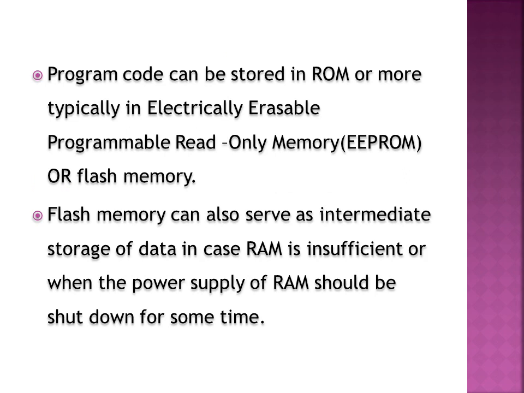Program code can be stored in ROM or, more typically, in electrically erasable programmable read-only memory or flash memory. Flash memory can also serve as intermediate storage of data in case RAM is insufficient or when the power supply of RAM should be shut down for some time.